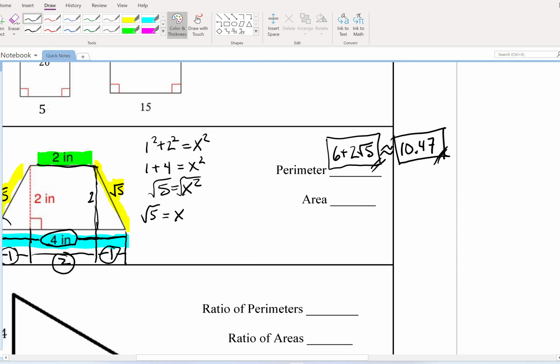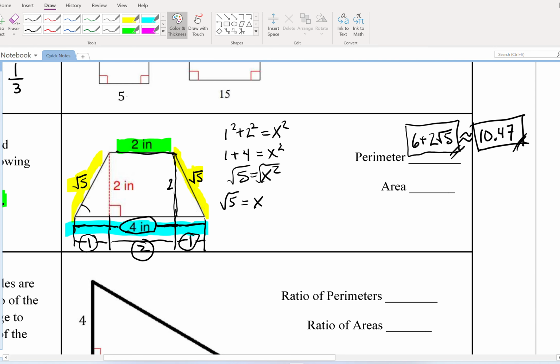All right, the area. There is a formula for the area of this figure, which is called a trapezoid. But we can also just know, hey, I can get the area of this, which is 2 times 2.